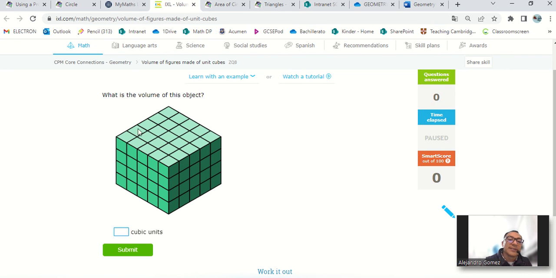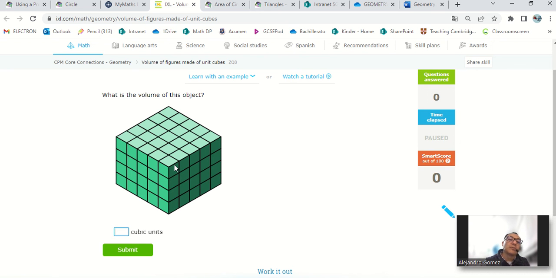And it is 5. Now in the height, it says 1, 2, 3, and 4. 4 in the height. And in the width, 1, 2, 3, 4, 5. So 5 by 4 is 20, right? So this face has 20 units.